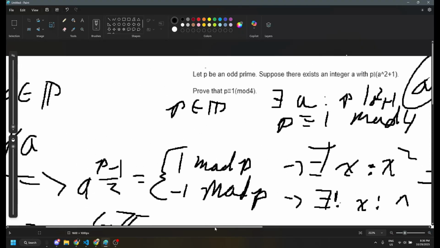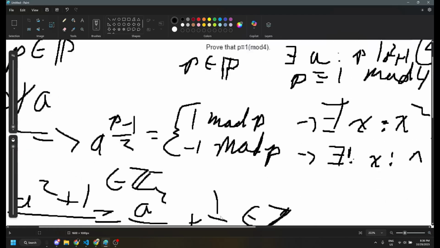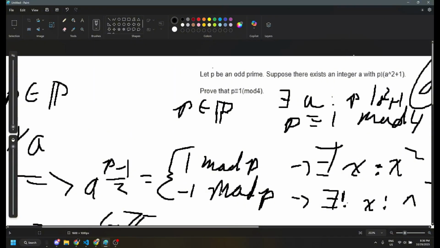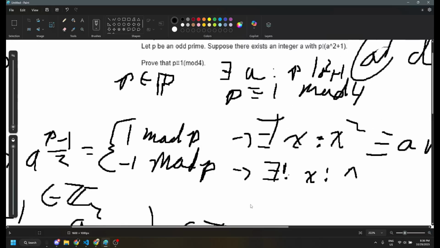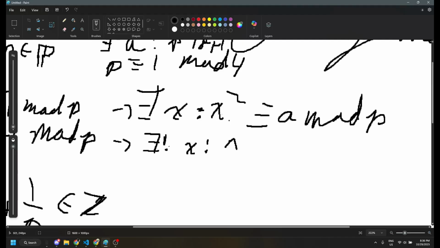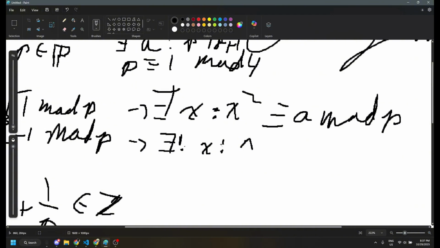Okay, so we have set this up that we have a prime P that does not divide A. Then we need to go to A to the (P minus 1) over 2. If it's equal to negative 1 mod P, then there exists an x such that x squared is equal to A mod P. If it's equal to negative 1, then there does not exist an x such that blah blah blah.